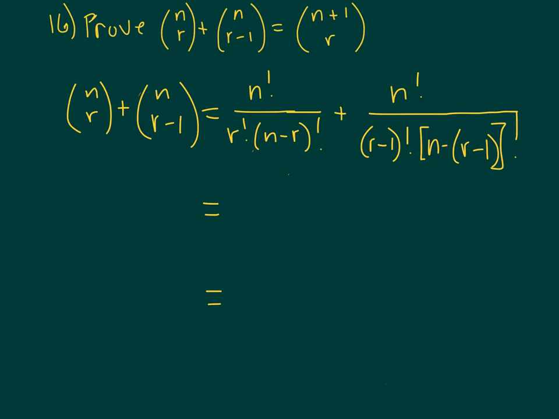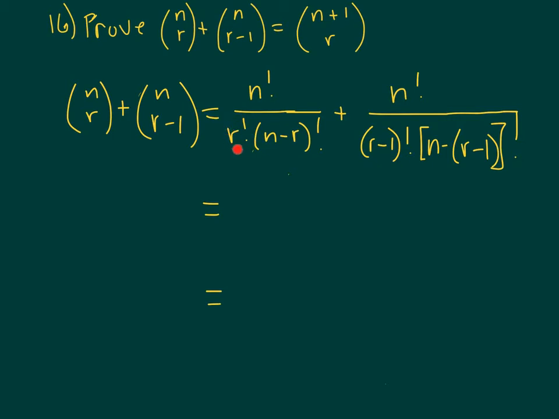So let's go back up and see what we can do with this. What I notice is that I have a few things here that are kind of lucky. I have an r factorial and I have r minus 1 factorial. And I know that I need to combine these two fractions into a single fraction. Of r and r minus 1, r is the bigger number.